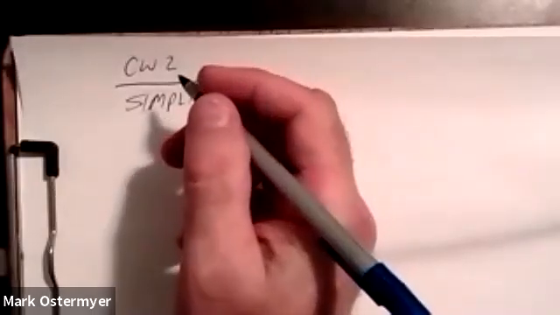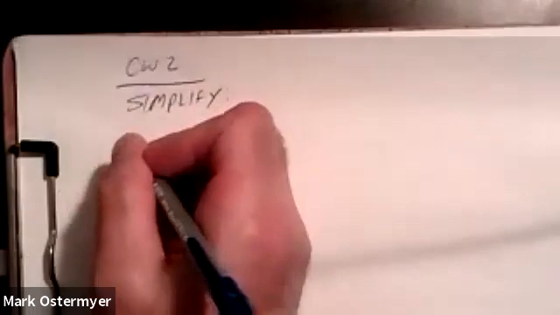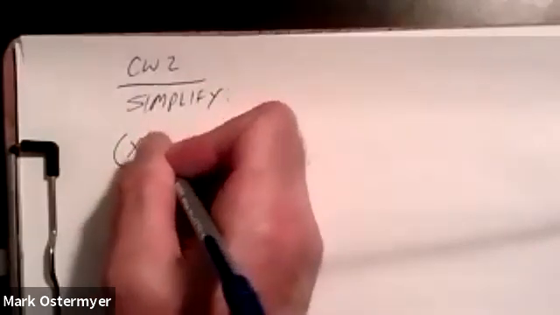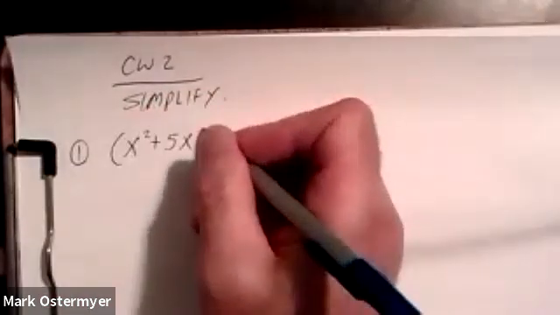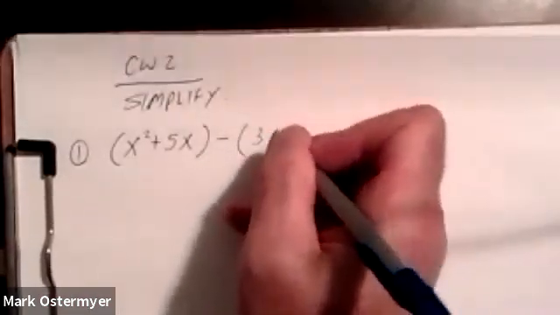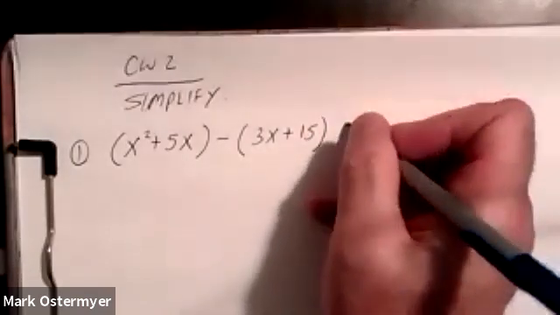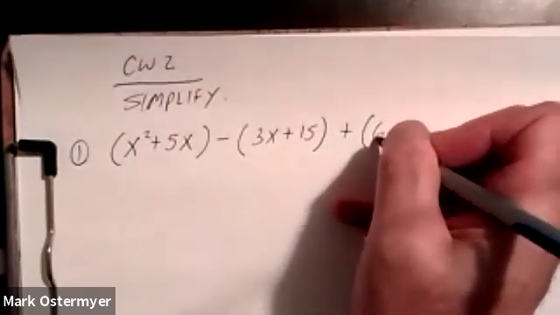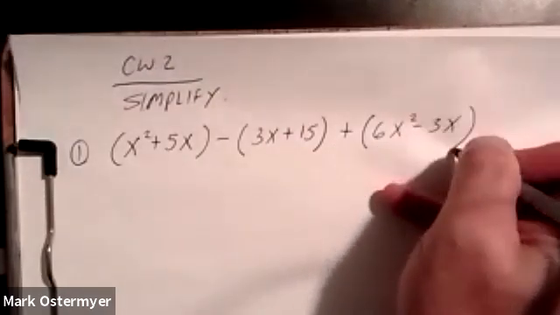All right, let's see if we can try this one. x squared plus 5x minus 3x plus 15 plus 6x squared minus 3x. Do that one.